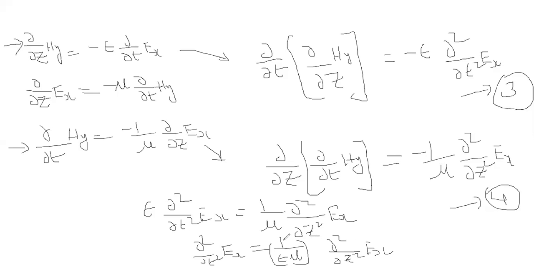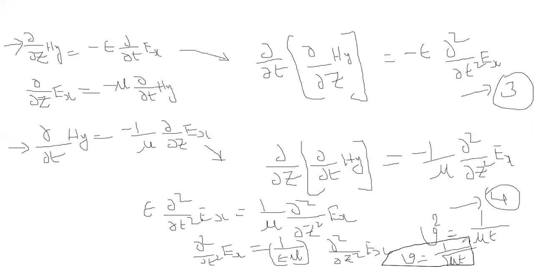And this function, whatever we have here, is the velocity V, in terms of permittivity and permeability. V square is equal to 1 by mu epsilon, taking the square root, V is equal to 1 by under root of mu epsilon.